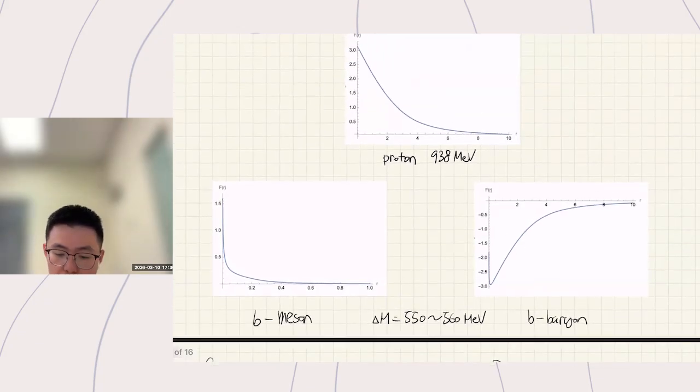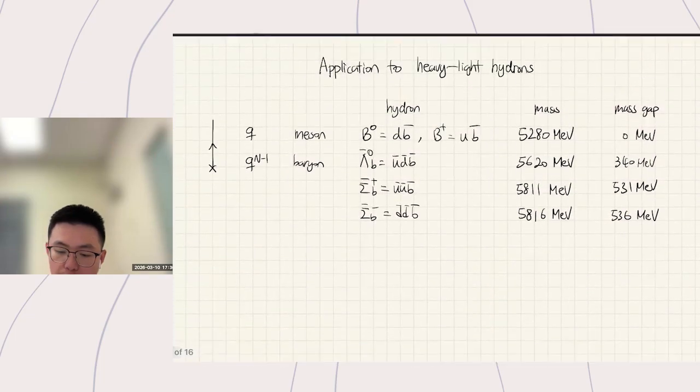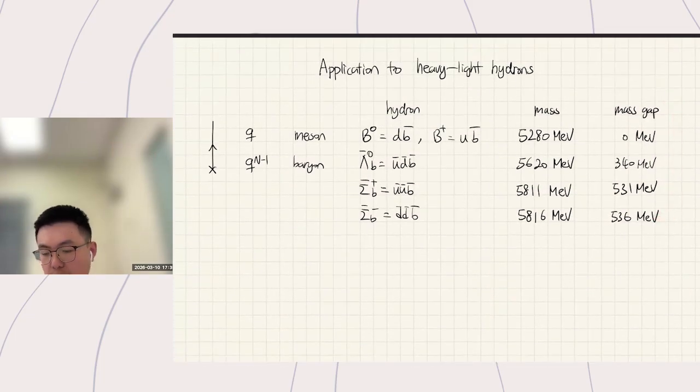Now, if we input the proton mass, we can actually compute the mass difference between these B mesons and B baryons, which is roughly somewhere around 550 MeV. If you compare it with the mass gap, it's in the ballpark, it's similar.